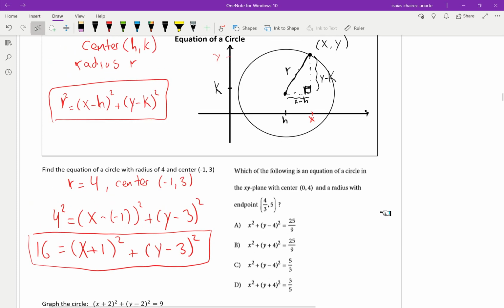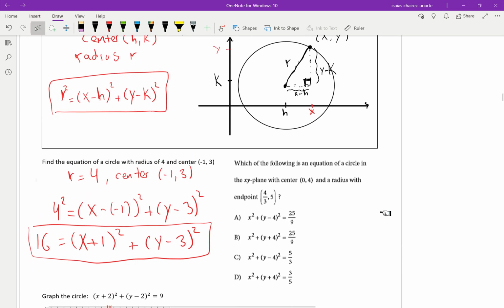Let's think about the next example. It asks us, which of the following is an equation of a circle in the coordinate plane with center 0, 4 and radius with endpoint 4/3, 5.